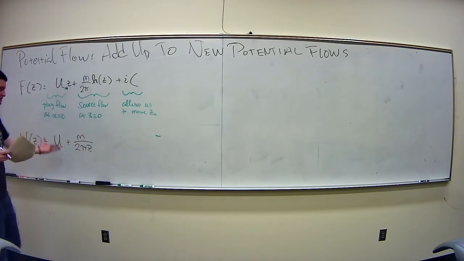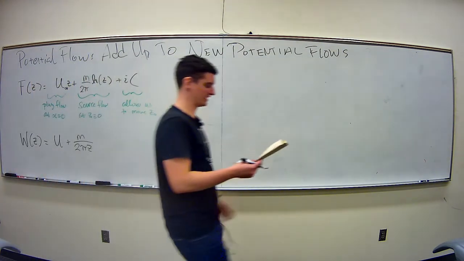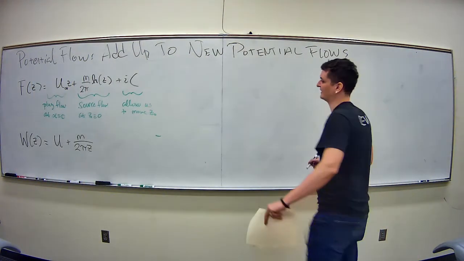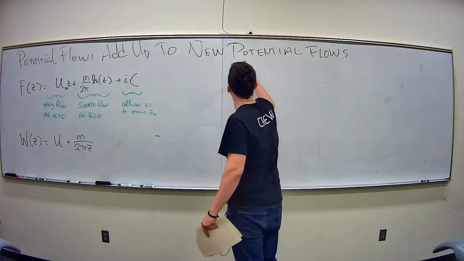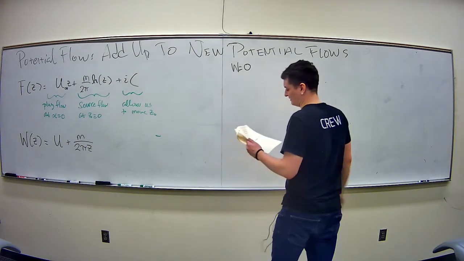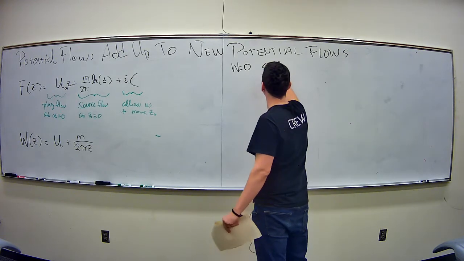Now you get that. So as a whole, that's the complex velocity potential. Where are the stagnation points in this? Again, stagnation points are where the velocity is equal to 0. What does that mean?